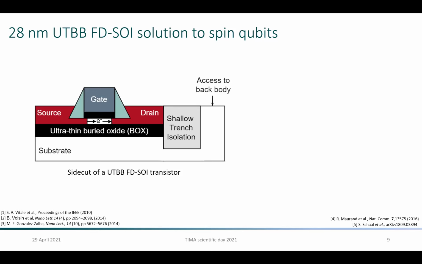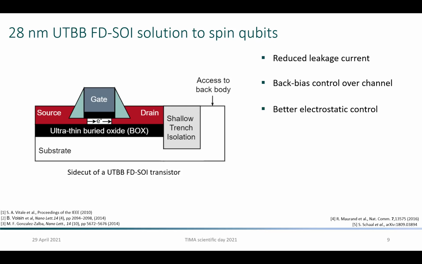So this characteristic adds a lot of flexibility to the operations of our quantum device, and also a third dimension we are less used to. So for FD-SOI so far, it has demonstrated unique characteristics, such as reduced leakage current, back bias control, better electrostatic control over the channel, high yield, low power consumption, which is very important for integration applications.